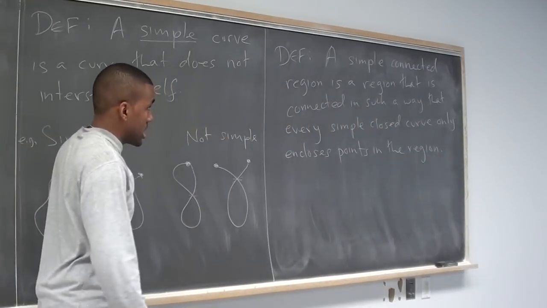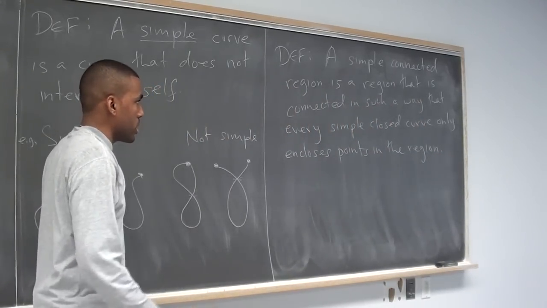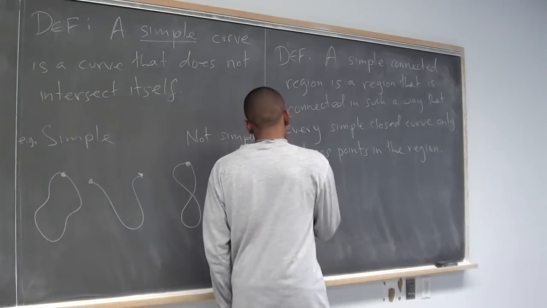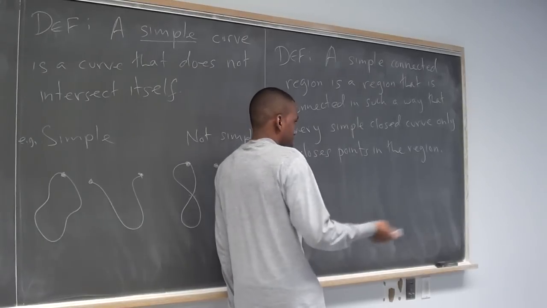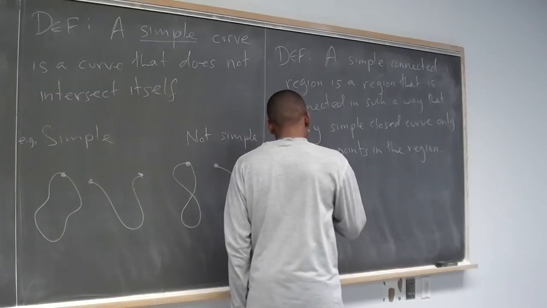We call a region simply connected if every simple closed curve in the region only encloses points in the region. This is just a fancy way of saying it doesn't have holes.